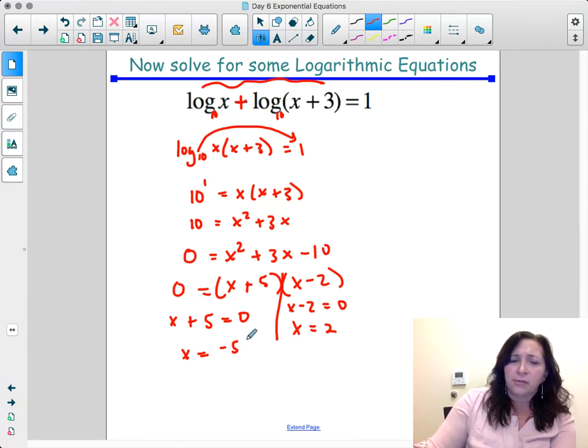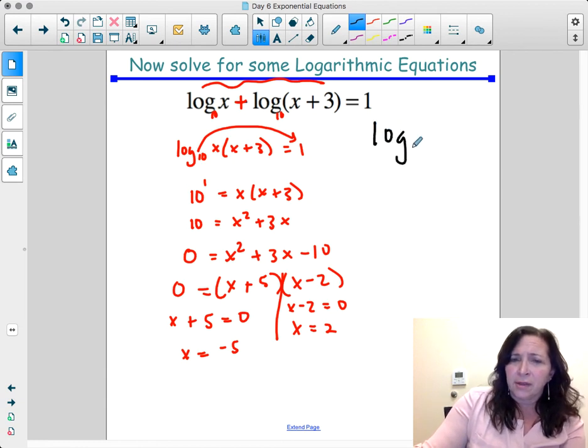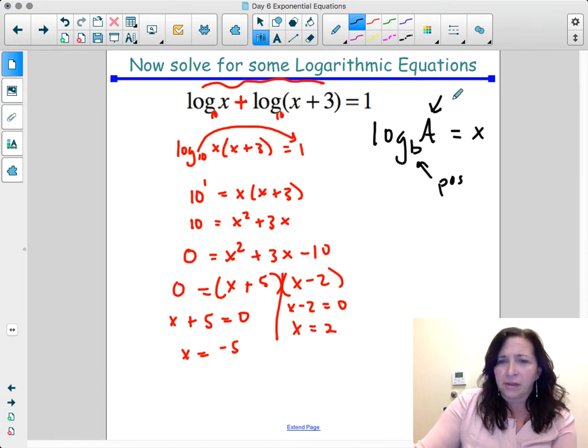So I have two answers, but something you need to remember is that your argument can never be negative. So where is my argument? There's my base. Here's my argument. B is my base. That has to be positive. A is my argument. Got to be positive. Can never be negative.